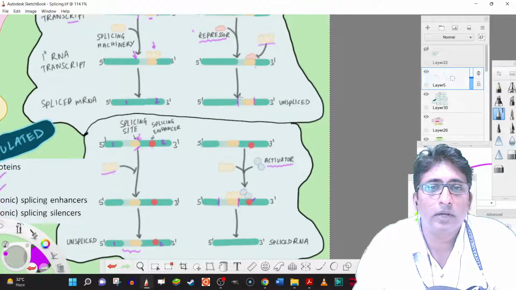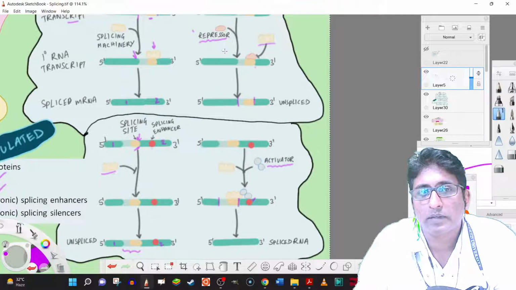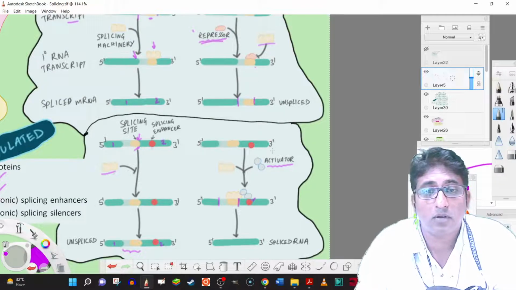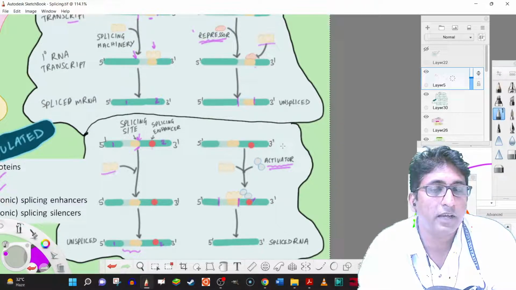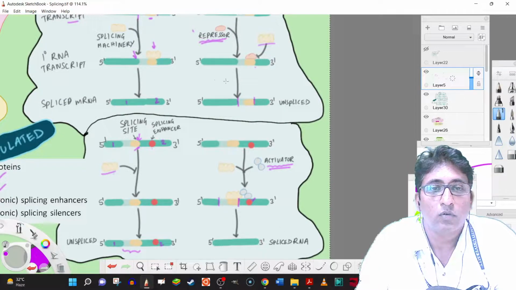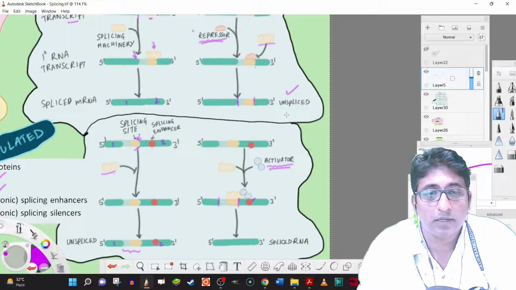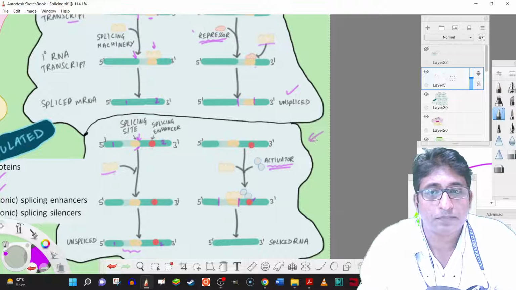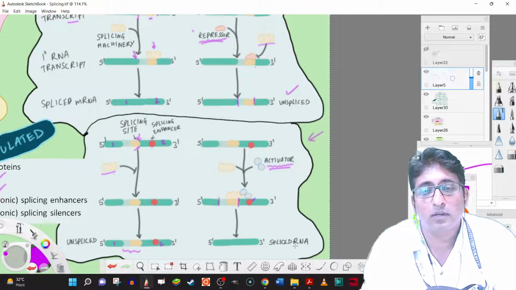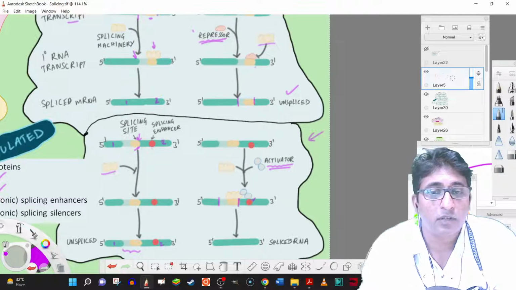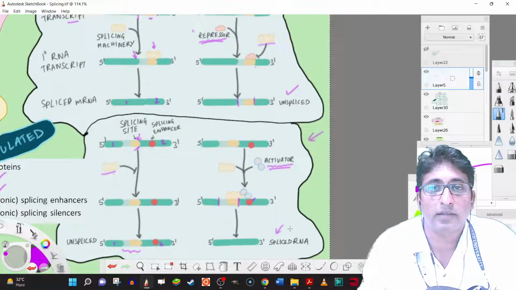Why do we call them regulated? Not all cells have expression of either repressor or activator, as the case may be. In some cells, if there is expression of the repressor, then we would end up with unspliced mRNA. And in some cases, if there is activator production, then we would have a spliced one like this.